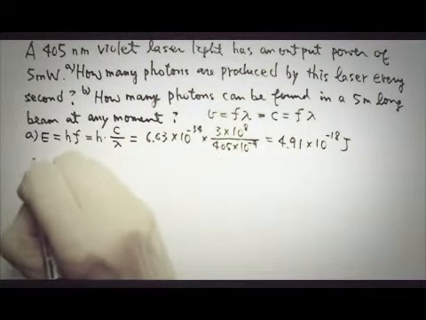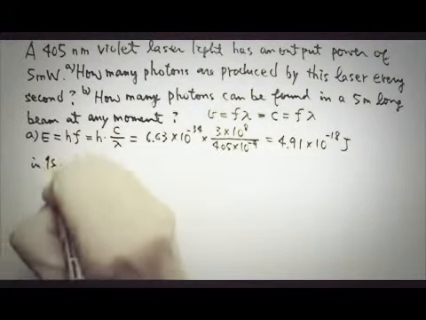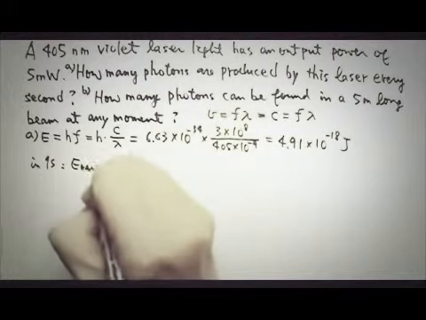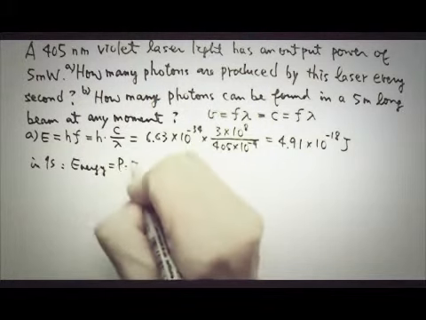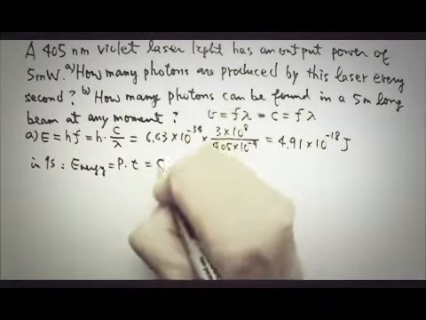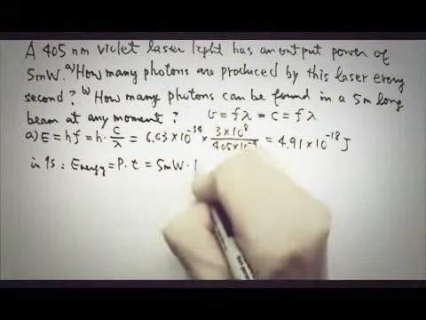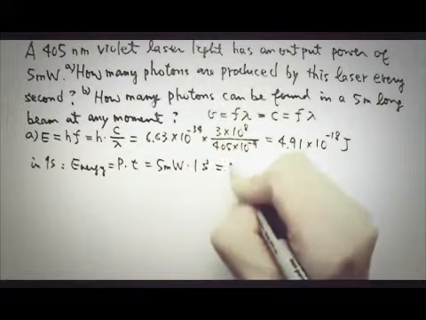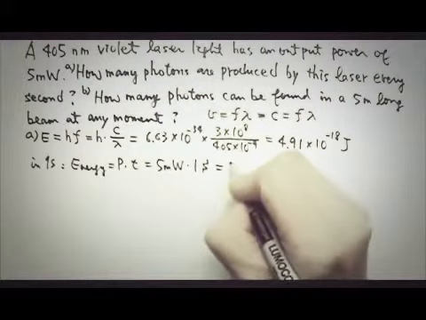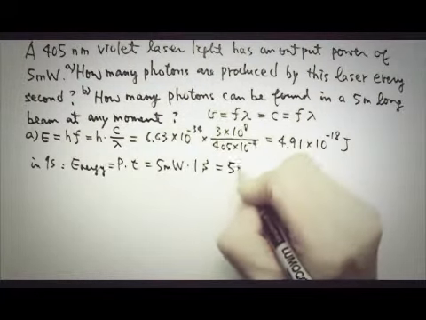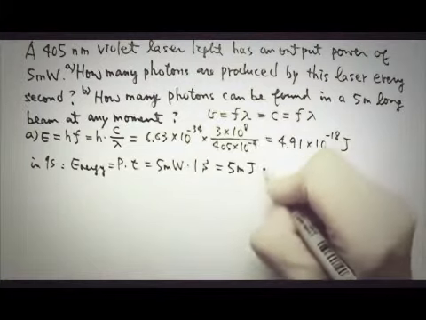We have power, and we know that energy is power times time, so that would be 5 milliwatts times 1 second. So we get an energy output of 5 millijoules.